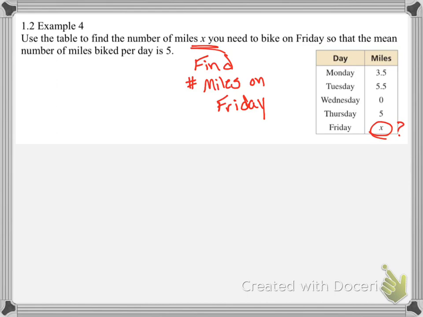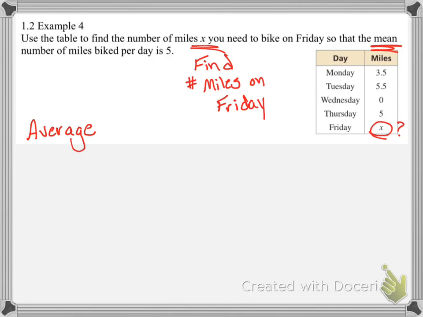The things that we know are the number of miles he biked Monday, Tuesday, Wednesday, and Thursday. Wednesday must have been a lazy day, huh? Didn't go anywhere. And what else? We know we want the mean. What does mean mean? That's average?